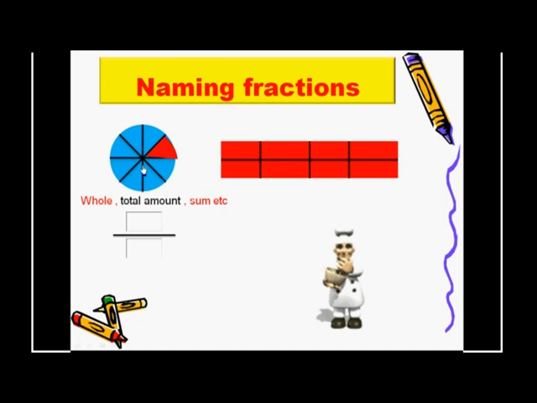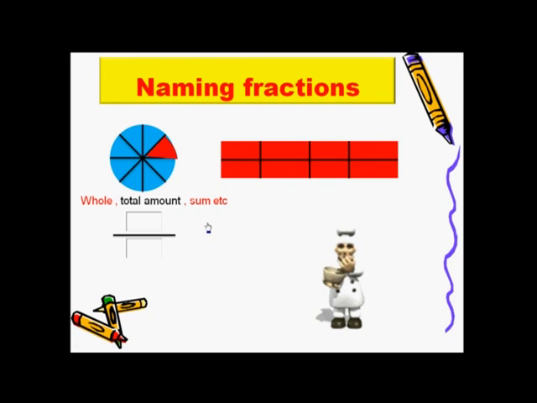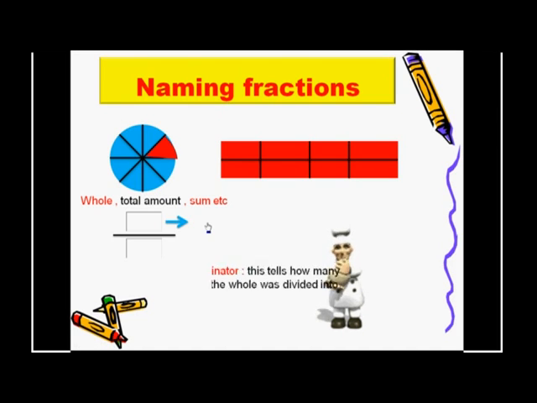Now, let's test yourself. How many parts is shaded in red of this circle? Okay. Now, how did you get your answer? Did you count the number of parts first? Okay, maybe you should. Now, what's a denominator?